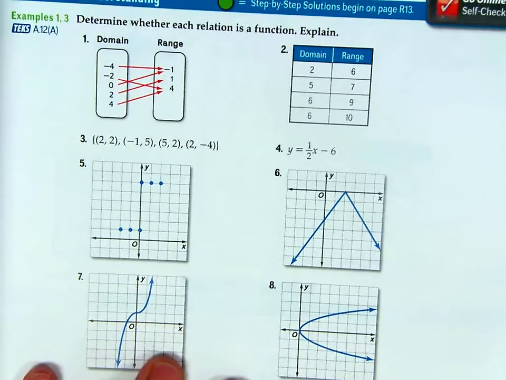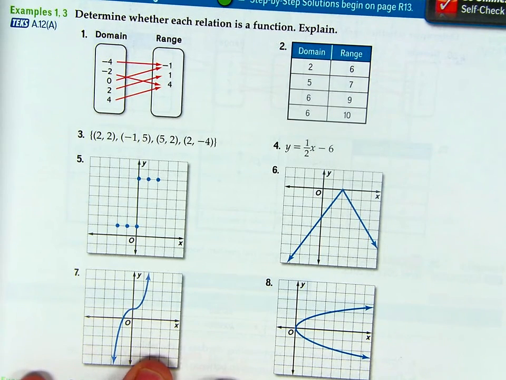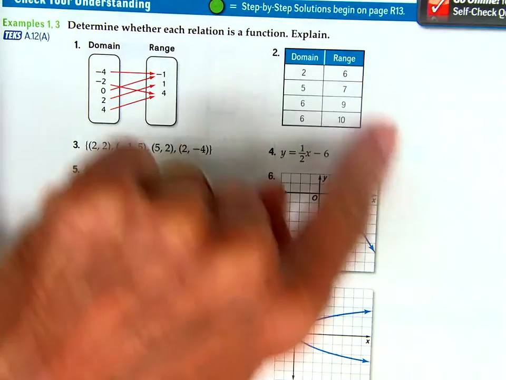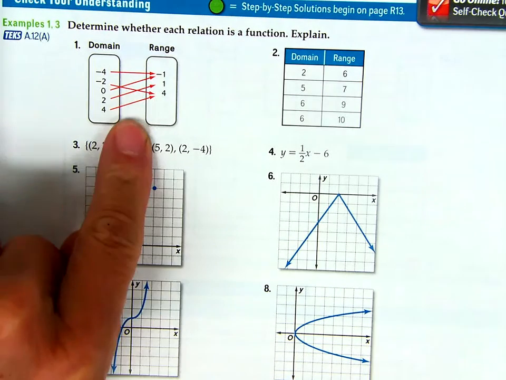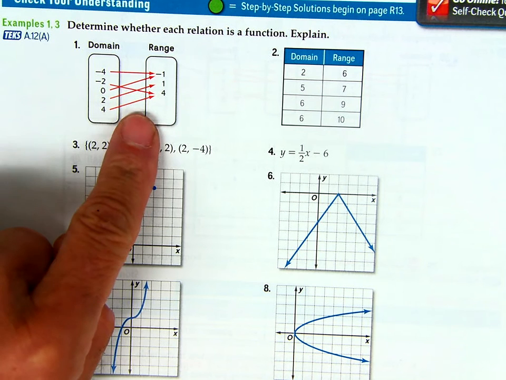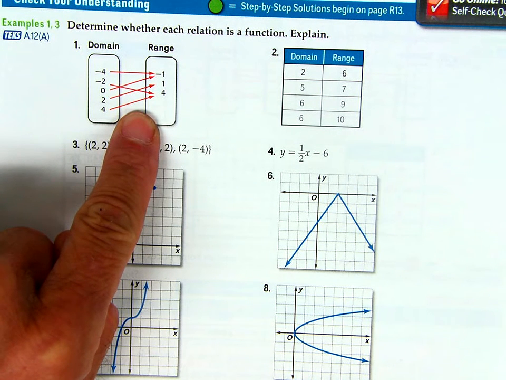Now this may seem real simple to you, and if it does, great, because there will be at least 2 questions on the STAR test involving this right here. For example, you might turn the page and there'll be a problem that has 4 of these mappings on it, and they're going to ask you which one is not a function.